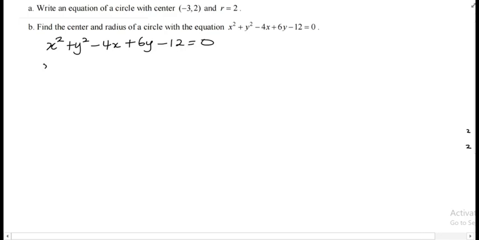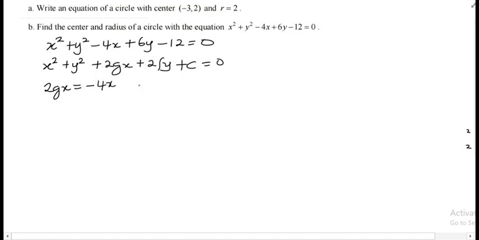So let's compare it with the general form x squared plus y squared plus 2gx plus 2fy plus c equals 0. From here you have x squared, y squared. You have 2gx will now be equal to minus 4x.